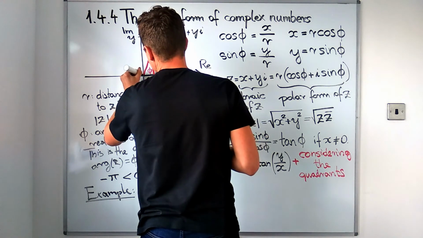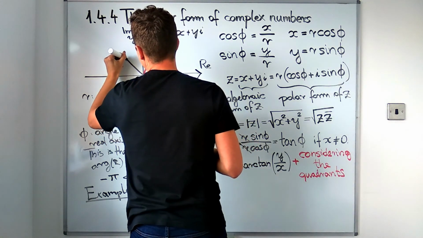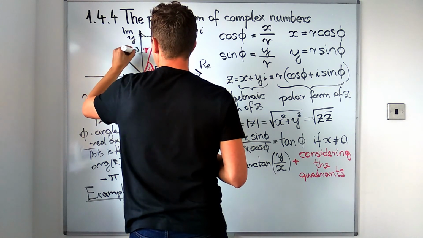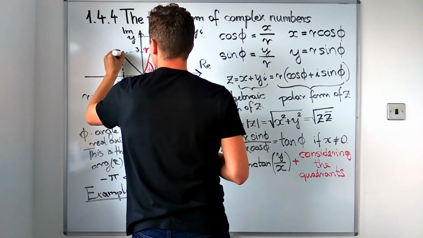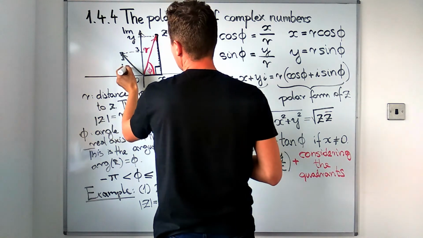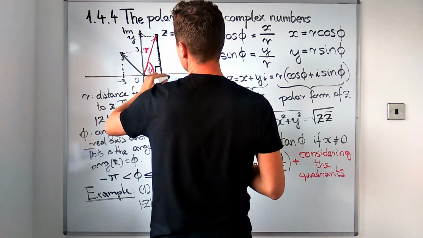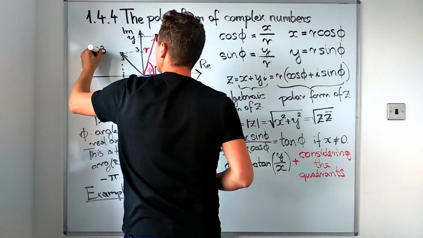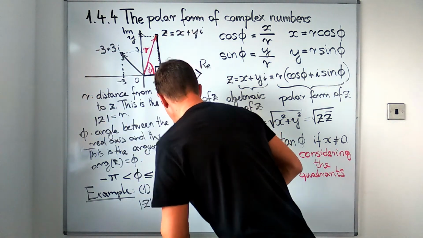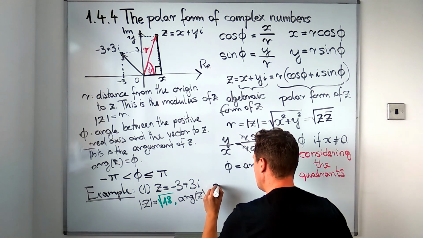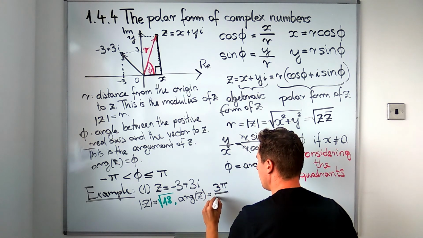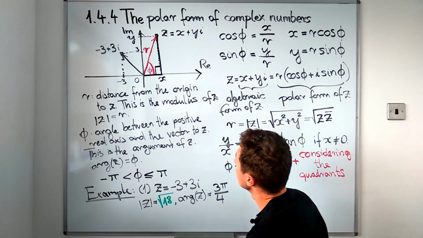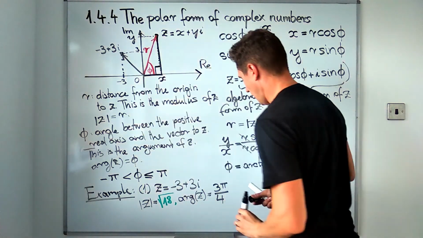It sits somewhere along this line in the complex plane. Let's say that here is negative 3, here is plus 3, so this number would sit over there, and that angle between the positive real axis and z would be, so let me just write that this is negative 3 plus 3i, so that angle would be in radians 3 pi over 4, that is 135 degrees, 90 plus 45.